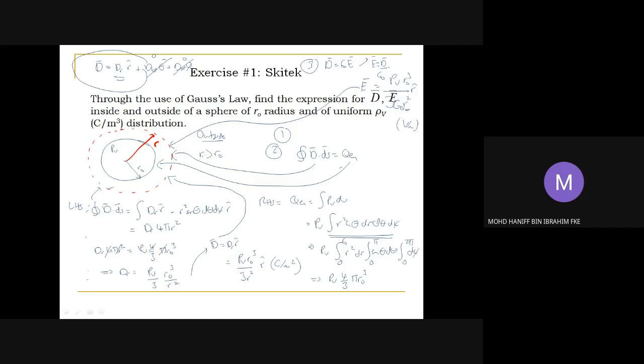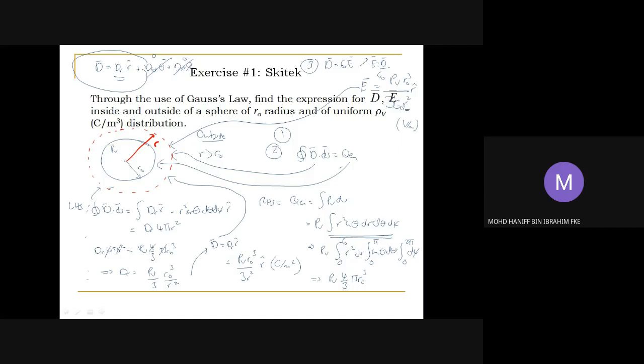The first one is for the D and E inside the sphere, where we have an equation before. And the second part is the equation of D and E for any point bigger than r naught. Okay, so hopefully by now you have understood how we can use Gauss law in calculating the electric field intensity E for a given symmetrical charge structure.